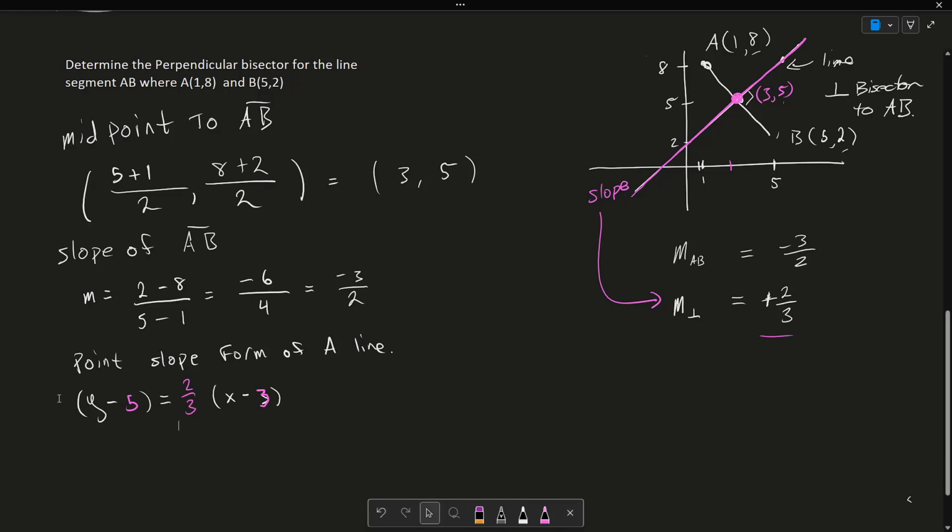So as it turns out, this pink line is both perpendicular to AB, and it crosses AB at its midpoint, thus fulfilling the description of a perpendicular bisector. So there you have it, perpendicular bisector.